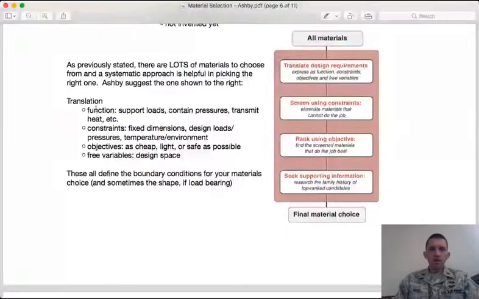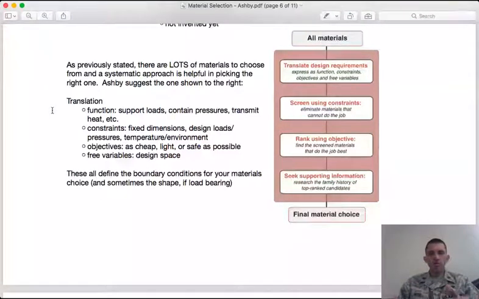So in the first step, translation, your goal is to translate the design requirements into property requirements, right? So first you need to consider the function, right? So what does this thing that we're making need to do? Is it supporting loads?